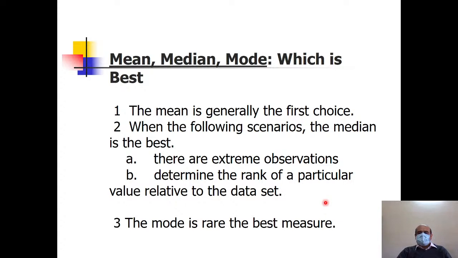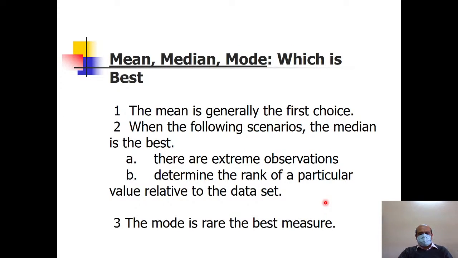When the following scenario occurs, the median is the best choice. The following scenario means there are extreme observations. If there are extreme observations or outliers, then the median is the best choice.